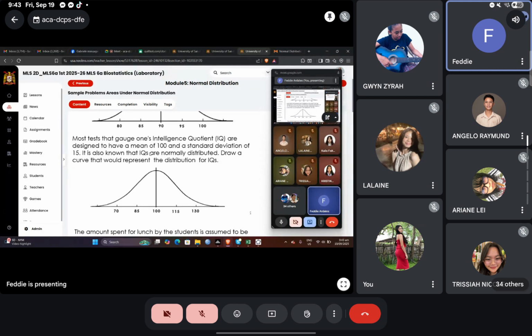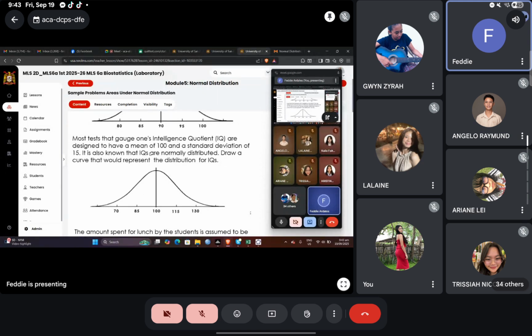All you have to do is draw the curve and label the mean as 100, then add 15 to the right and subtract 15 to the left, and label it: 100, 115, and 130, so 1 and 2 standard deviations to the right of the mean, and 85 and 70, that is minus 2 standard deviations from the mean.